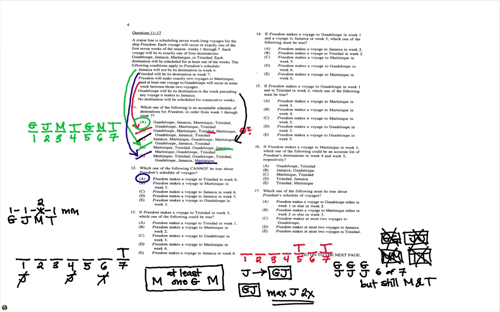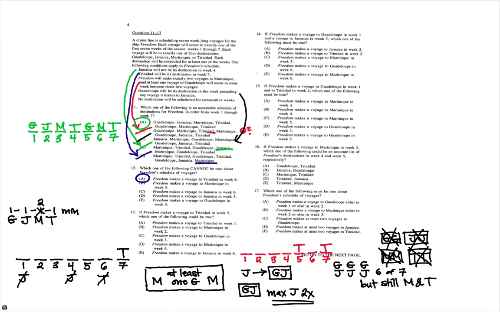Okay, so now the best thing to do is think about what else is very restrictive. And obviously we have these 2 trips to Martinique with this Guadeloupe trip sandwiched in between it. Because what you see is that you could have 1 variable between them, 2 variables between them, 3 variables between them, right? As many as 5 variables between them. Obviously not in this case, but we could have 4.